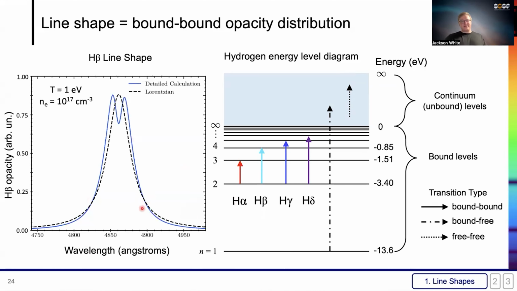So on the left here, this is a typical line shape calculated with two different levels of approximation. The y-axis here is simply the opacity or the absorption from this H beta transition, and the x-axis is the wavelength or the frequency of light getting absorbed or emitted.